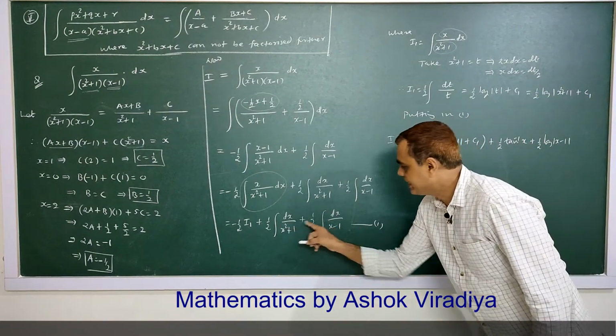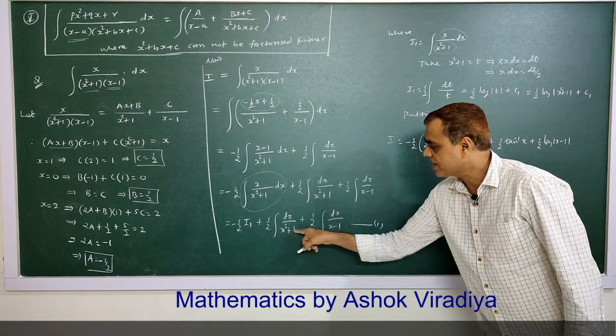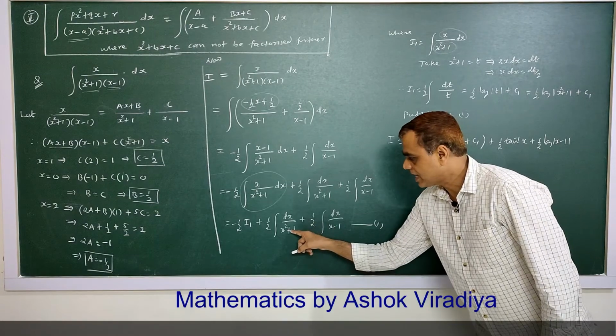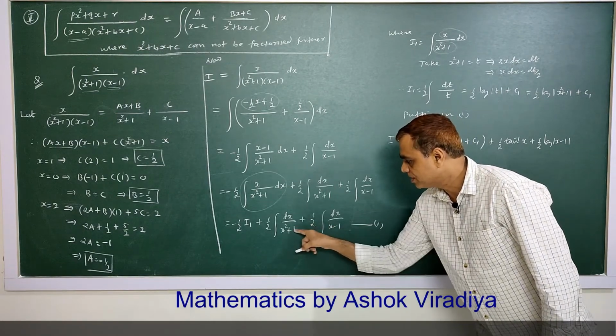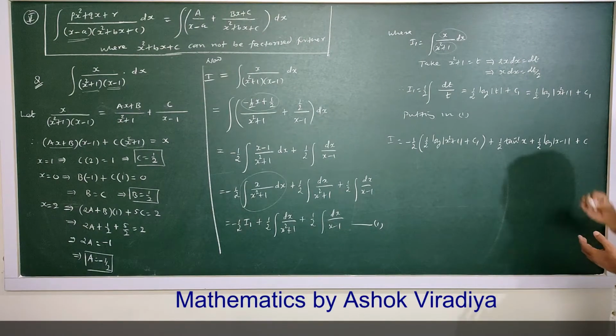And when putting integrals of this integrand, here we are getting arbitrary constants. So arbitrary constants from these two numbers we denote by plus c or c2.